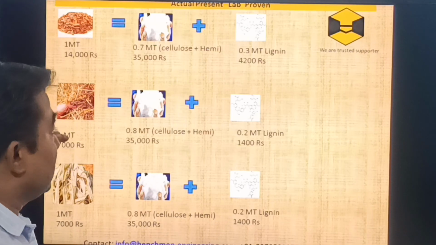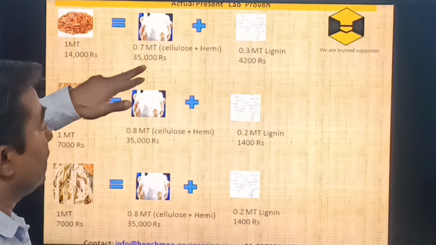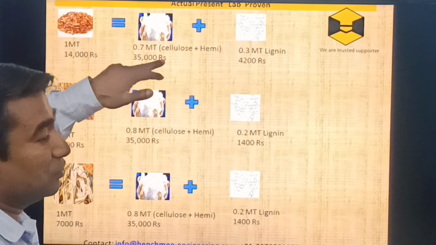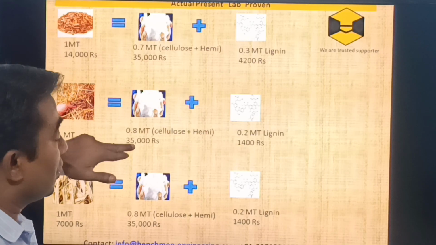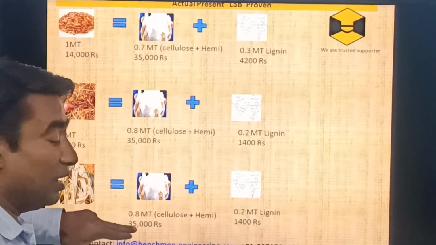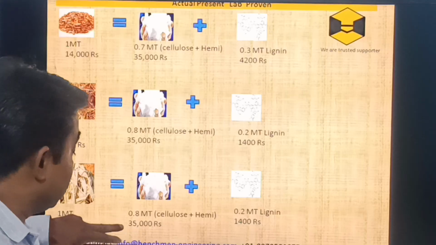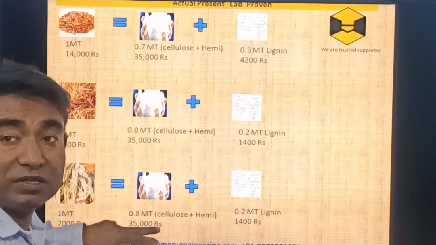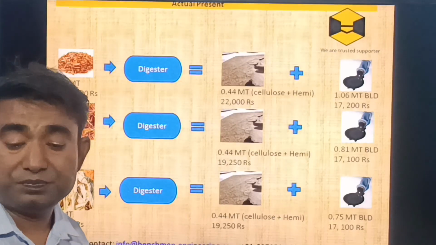So in a nutshell, wood, wheat straw and bagasse each contain this much worth of cellulose and hemicellulose.